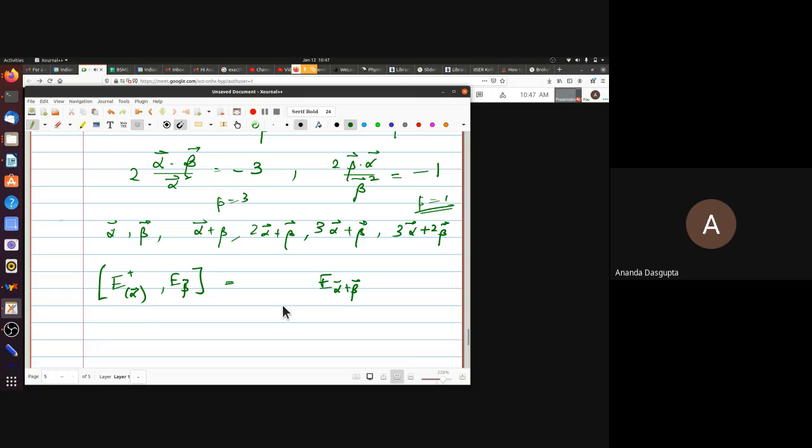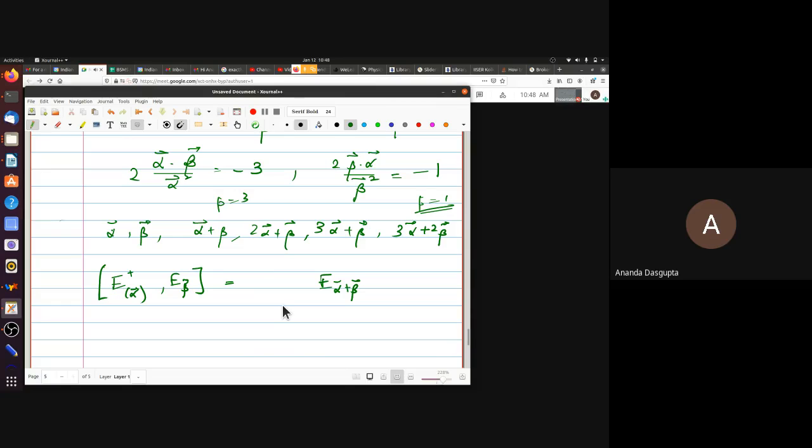Can anybody tell me that? This is an SU2 representation, so you figure out what the factor will be.